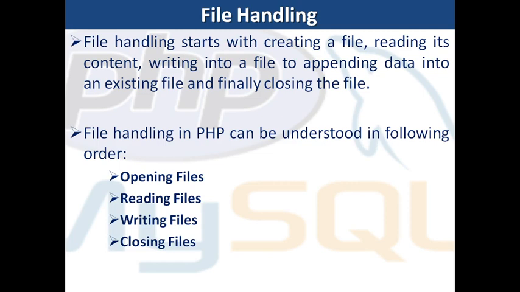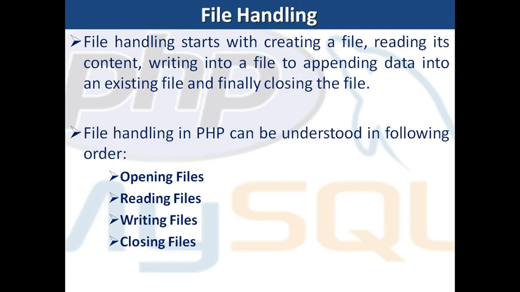File handling includes creating a file, reading its content, writing into a file, appending data into an existing file, and finally closing the file. PHP has several functions to handle files, and file handling in PHP can be understood in the following order. Opening files: a file must be opened either to read or write.